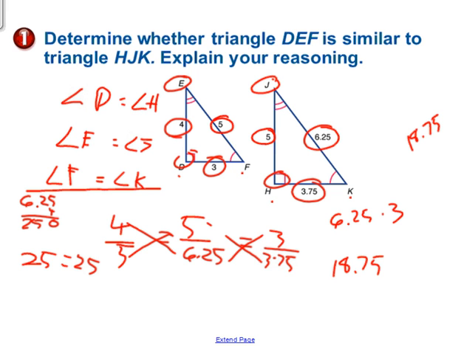Is that equal to 5 times 3.75? It's 18.75. And those do check out, so those are similar triangles. The proportions are the same. So that is a similar triangle.